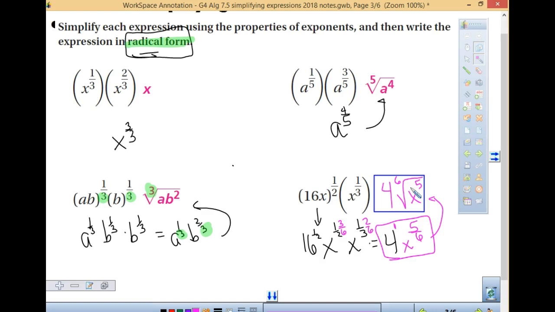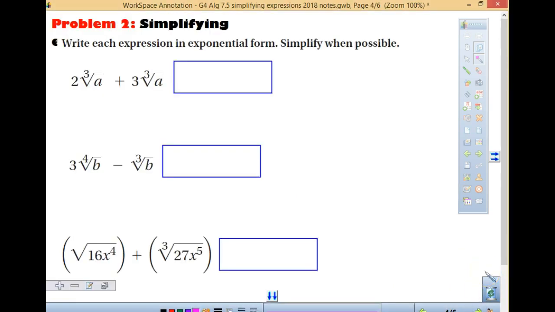Okay, so as we look at that next page, again, we're doing a little more simplifying on this page. They get a little ugly. So we are starting off with our coefficient 2 with the cube root of a plus the coefficient 3.